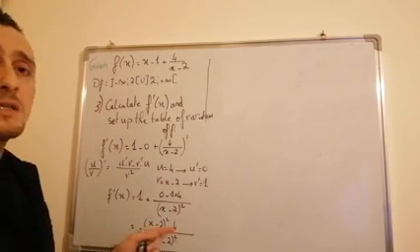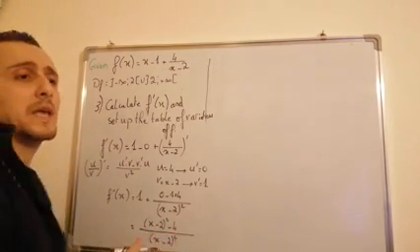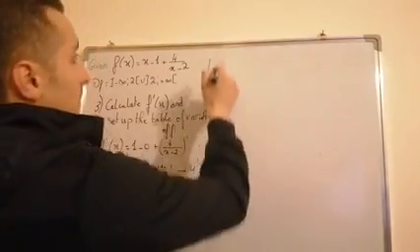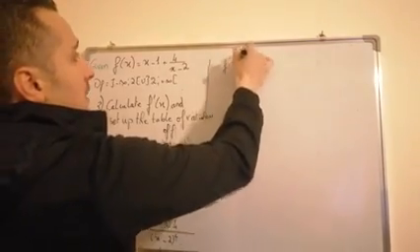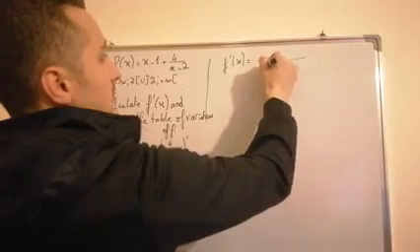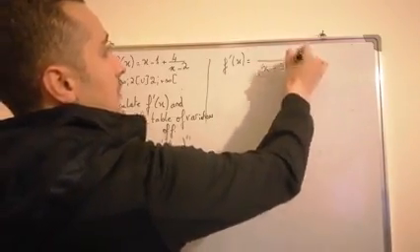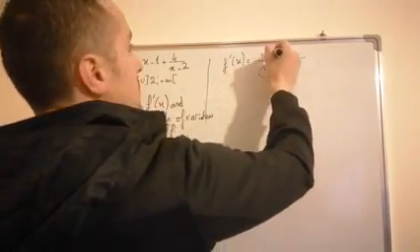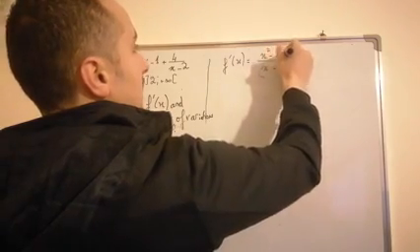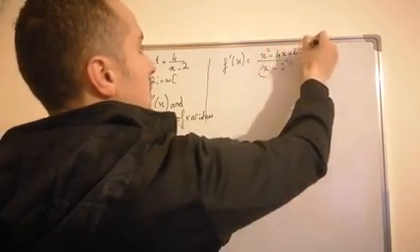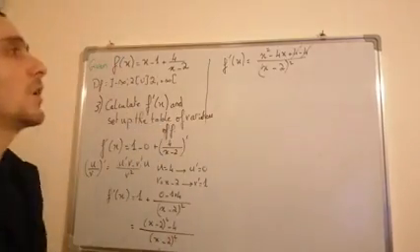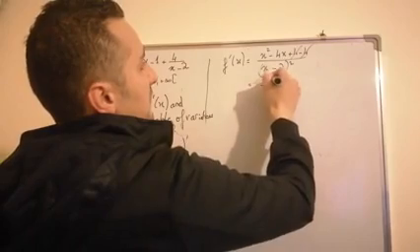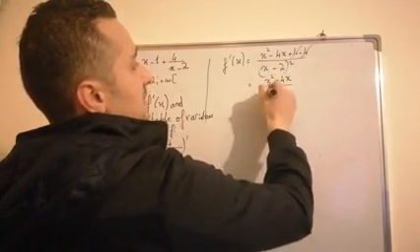We can factorize the numerator or we can expand it, as you like. f prime of x equals, in the numerator, x minus 2 squared, which is x squared minus 4x plus 4 minus 4. We can cross the opposite terms, then the derivative is in the form of x squared minus 4x divided by x minus 2 squared.